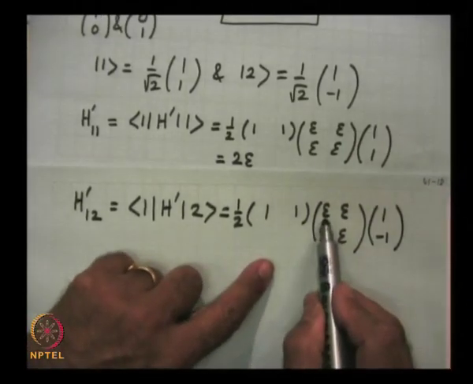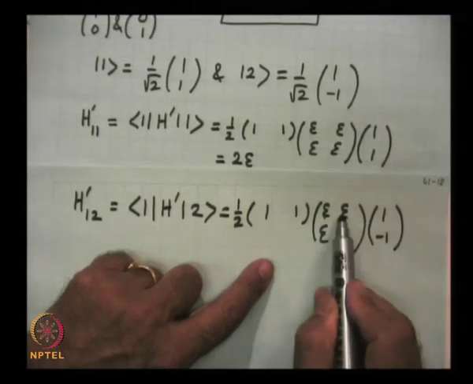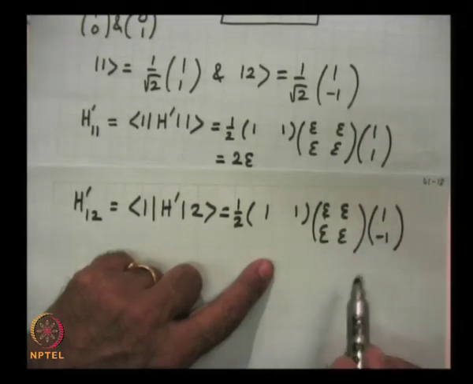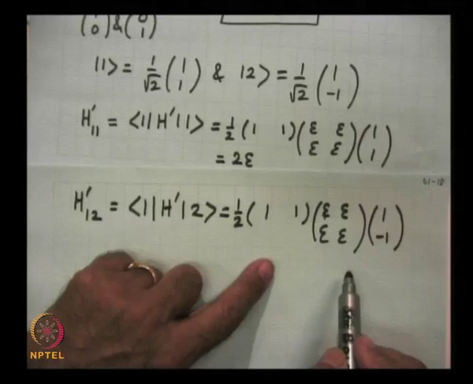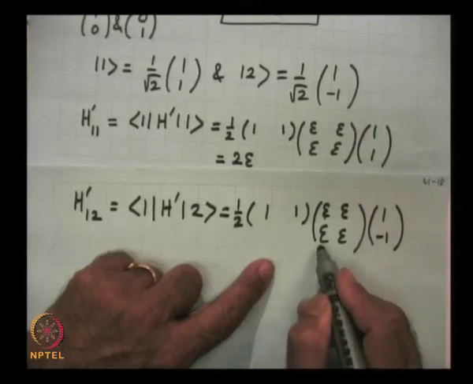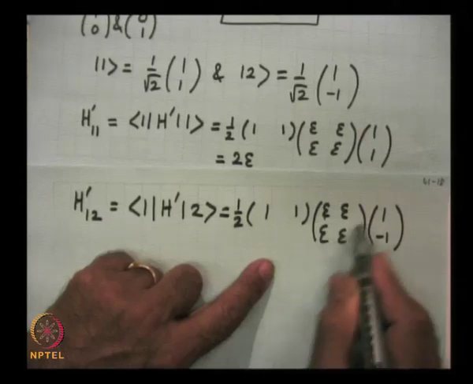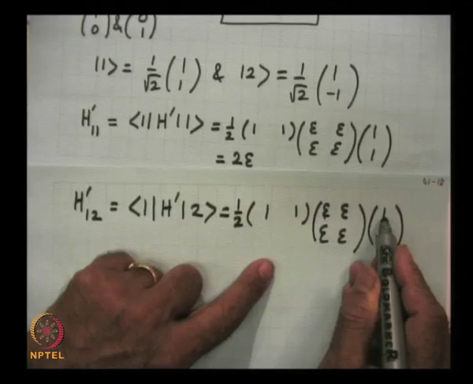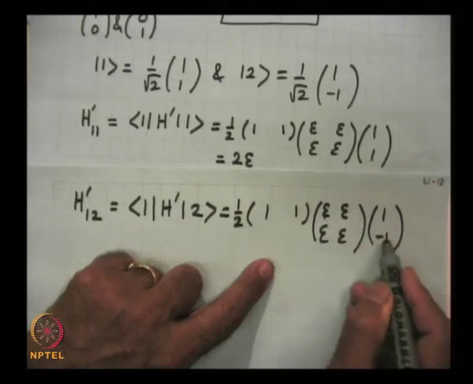Now, please see epsilon minus epsilon, that is 0, and epsilon minus epsilon, that is 0.